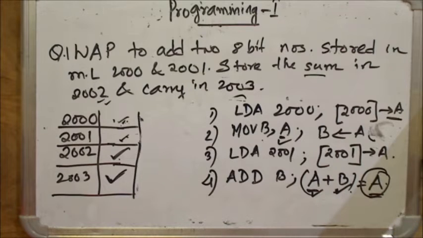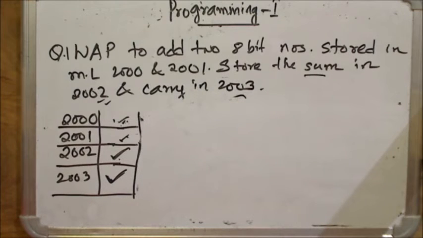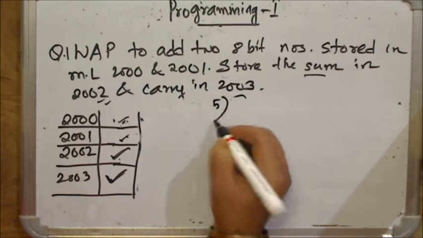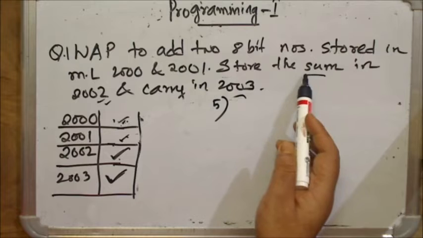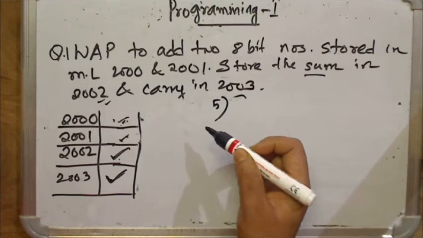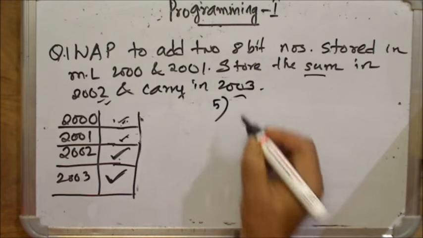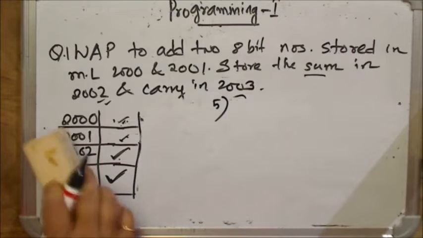In A. The question says the sum should be stored in 2002 and the carry in 2003. Now where is the sum stored? After I add B, it is in A. Let us write the program.